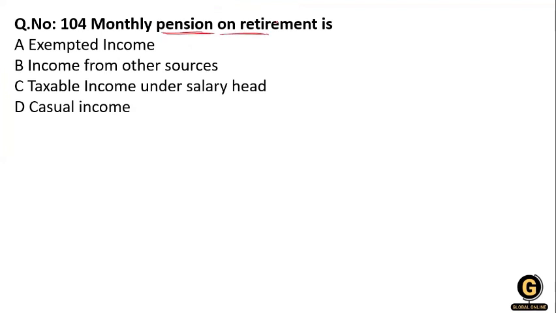The pension is taxable under the head of salary in your income tax return. Pensions are paid out periodically, generally every month. That's why the pension is also included in our head of salary. So that's why it is taxable under the head of salary. Clear? So option C is correct over here.